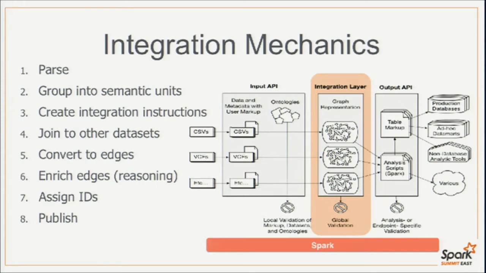And as you bring this stuff in, the first thing we do is that semantic unit will have a list of instructions which says how to interpret the given lines of the original data file as edges with respect to the rest of the graph. And then we do a lot of Spark manipulations to actually create the edges. At that point, we have what we call a first cut at the graph.